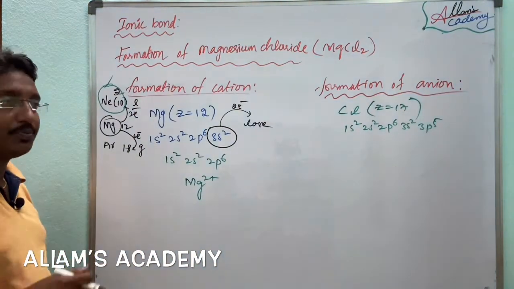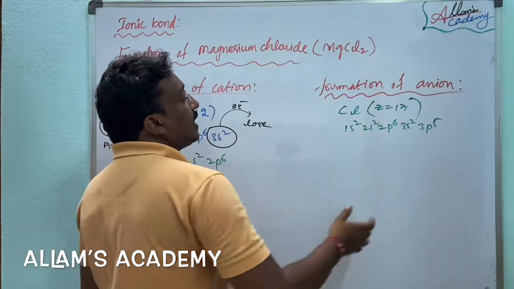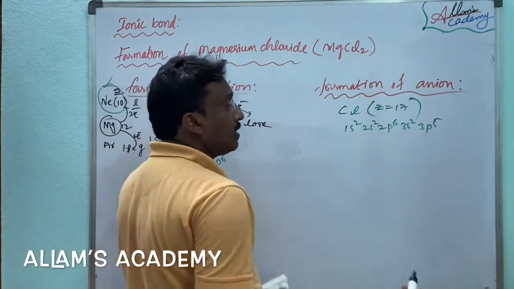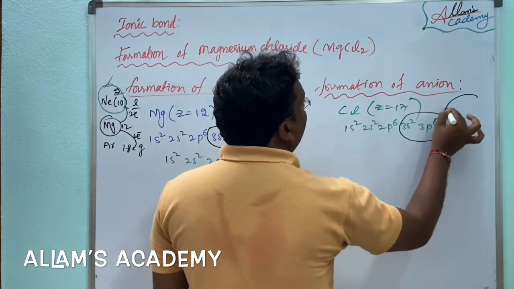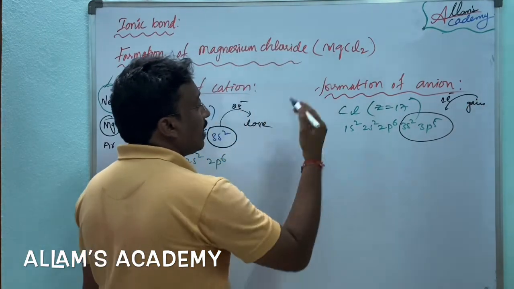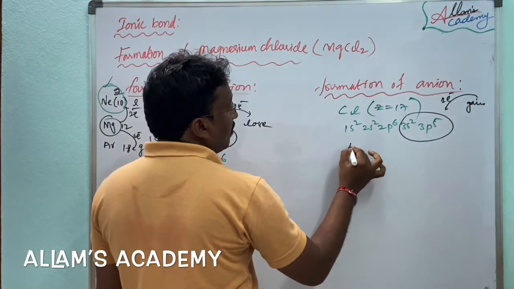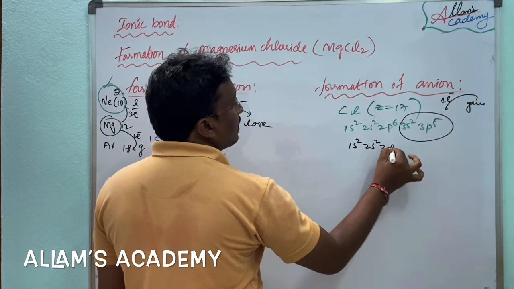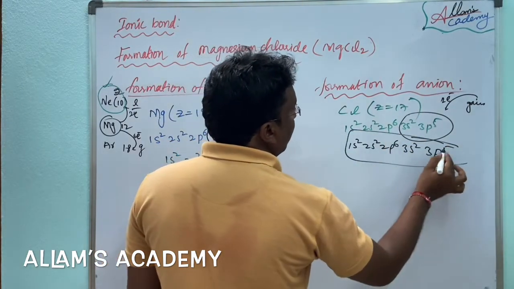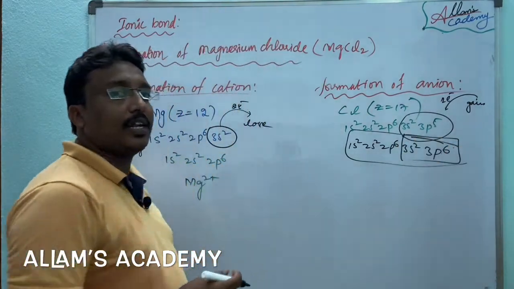It gains 1 electron, and as we discussed just before, by gaining 1 electron it gets the stable nearest noble gas electronic configuration, that of argon: 1s2, 2s2, 2p6, 3s2, 3p6.